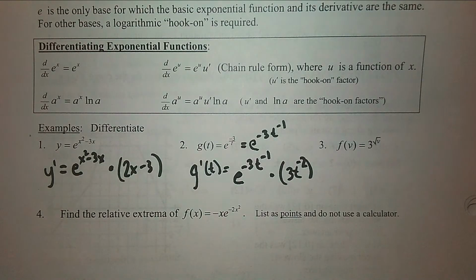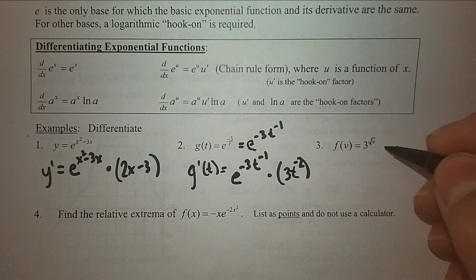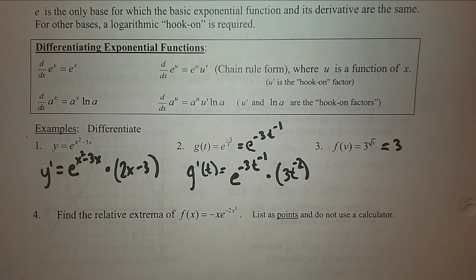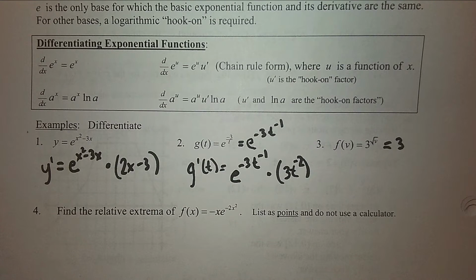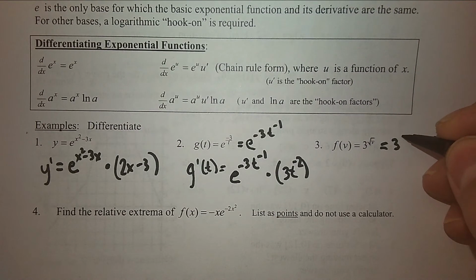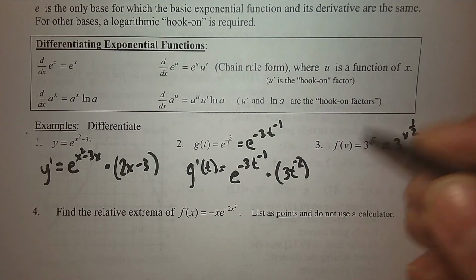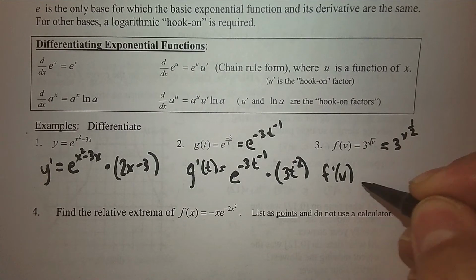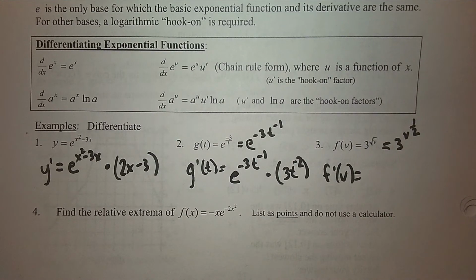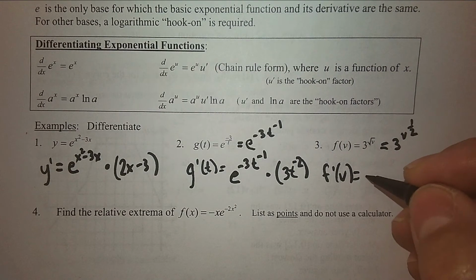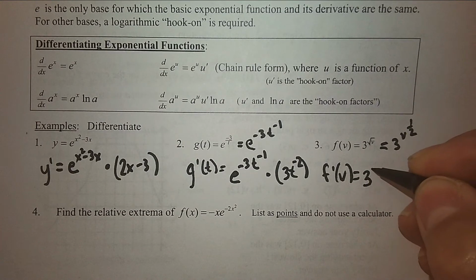All right, next one. What are we going to do first? Whether it's a fraction or radical sign, it is always easier to change it first to an exponent. What would that be? Now take the derivative. That would be 3 to what exponent?